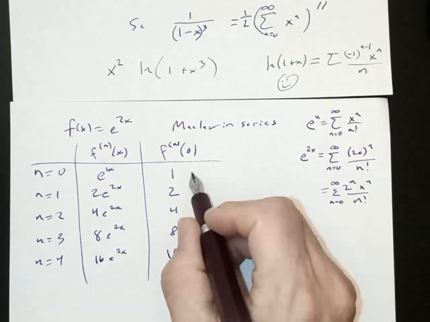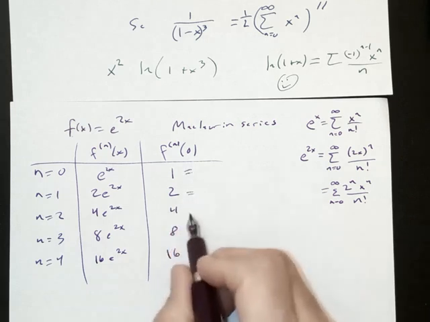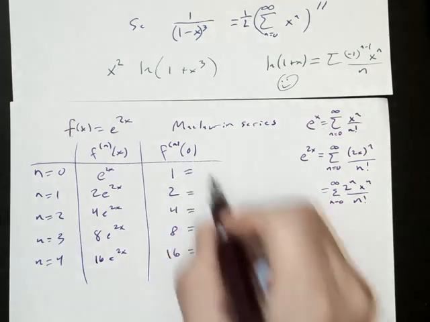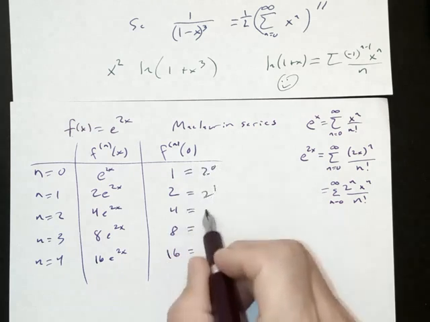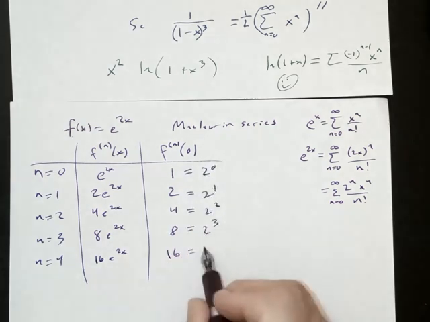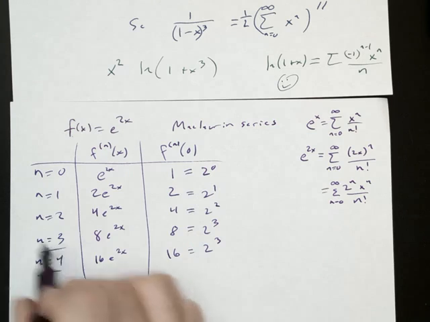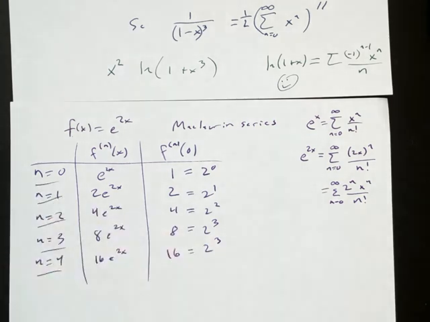All right, wait a minute. These are all powers of 2: 2 to the 0, 2 to the 1, 2 to the 2, 2 to the 3, 2 to the 4, and that matches exactly with the value of n.